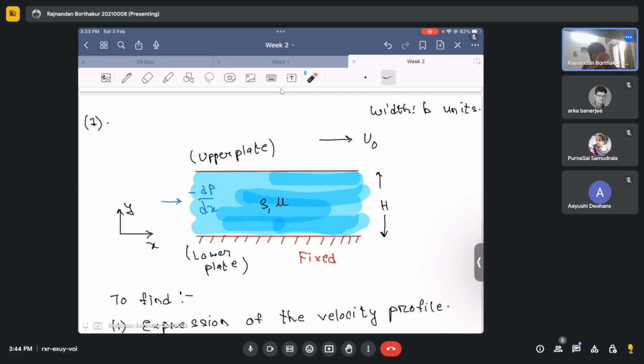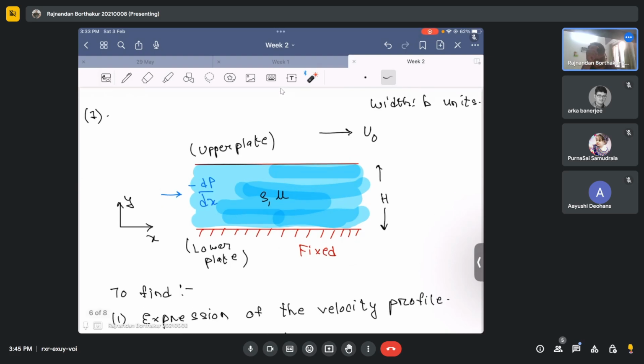What this problem says is that there is this physical picture where there are two channels shown by these red lines. The lower plate is basically fixed, and the upper plate moves with some velocity u naught.